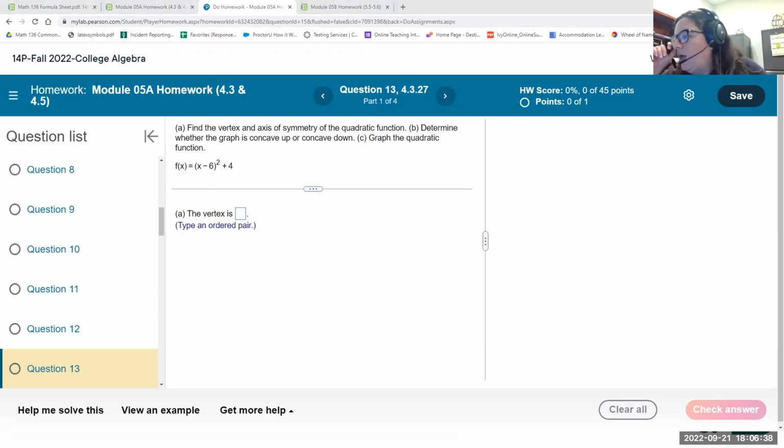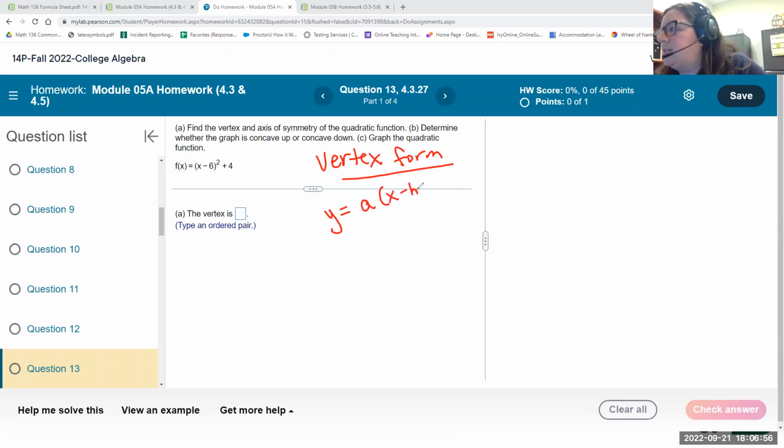There we go. All right, so this is what we call vertex form, and it's really important for you to memorize vertex form for a quadratic equation. It's y equals, or f of x equals, a times (x minus h) squared plus k.